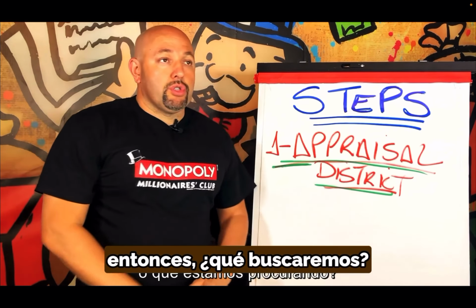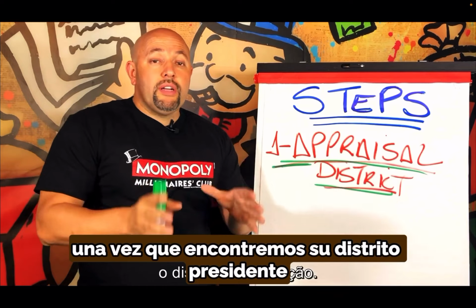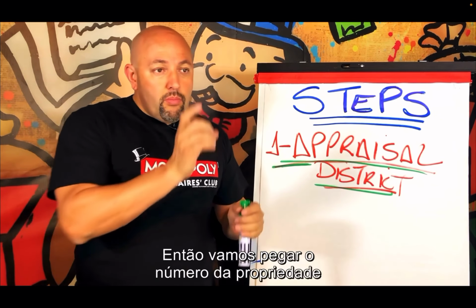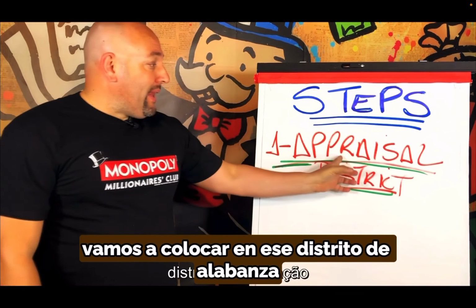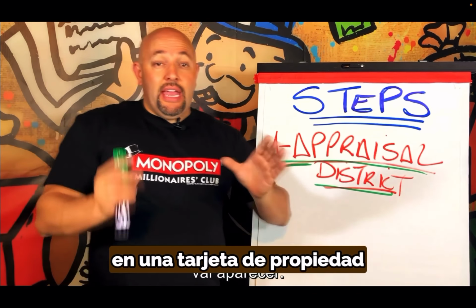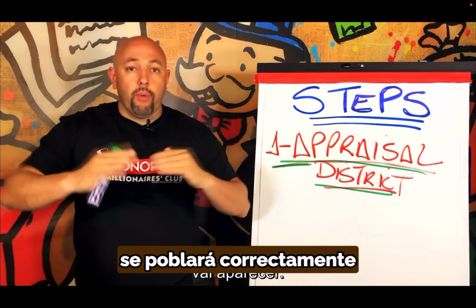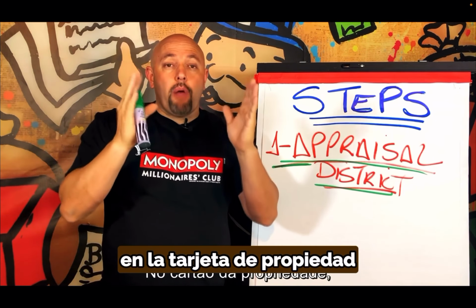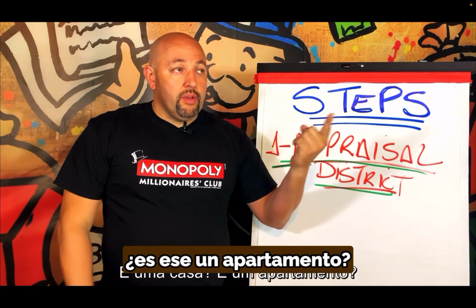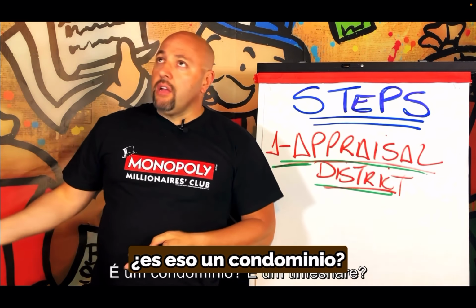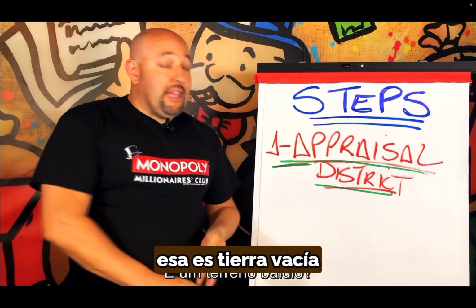Once we find the appraisal district, we're gonna get the property number or the property ID. We're gonna place it in the appraisal district, and a property card will populate. In the property card, we're gonna know what type of property we're looking at. Is that a home? An apartment? A condo? A timeshare? Empty land?